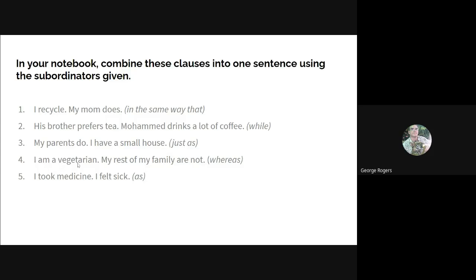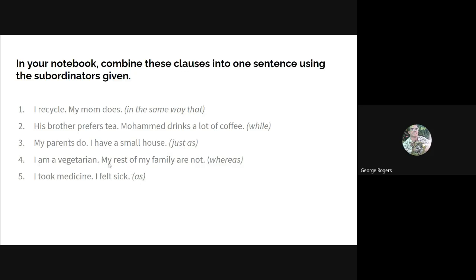I am a vegetarian. I think that's standalone because it's who's talking, and they're a vegetarian, meaning they don't eat meat. They eat vegetables. Some people do that for health reasons, but they only eat vegetables, okay?